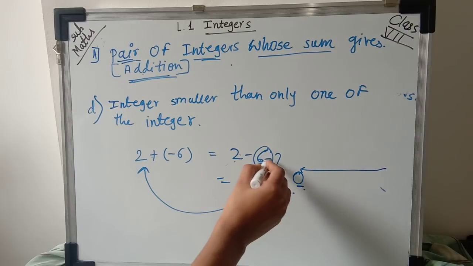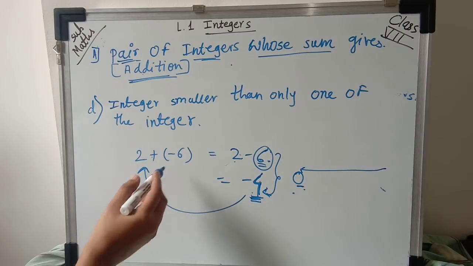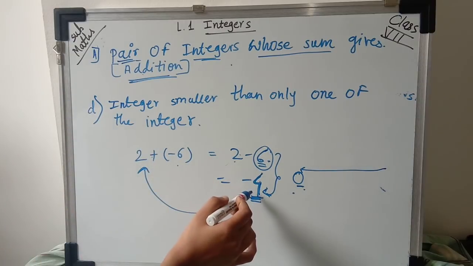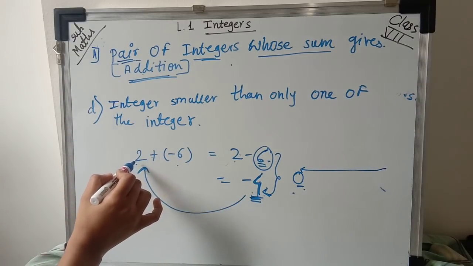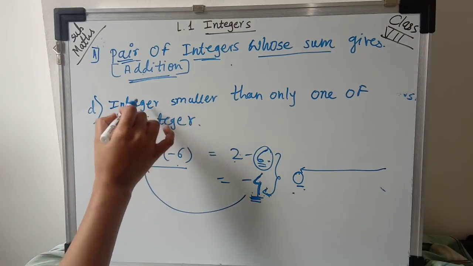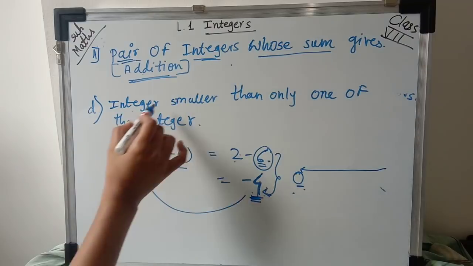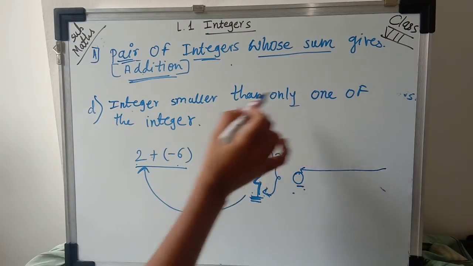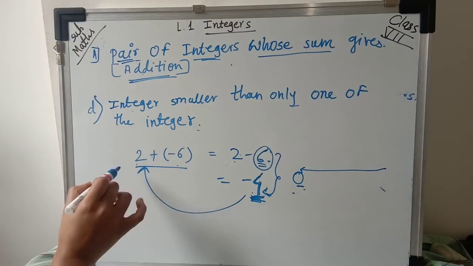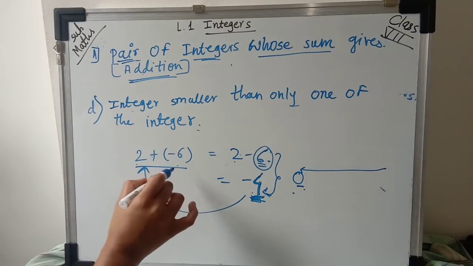So -4 is greater than -6, but -4 is smaller than 2. So we got the pair of integers whose sum gives an integer smaller than only one integer, that is 2, not -6.